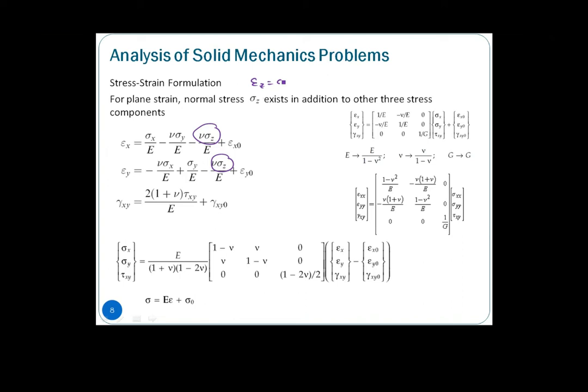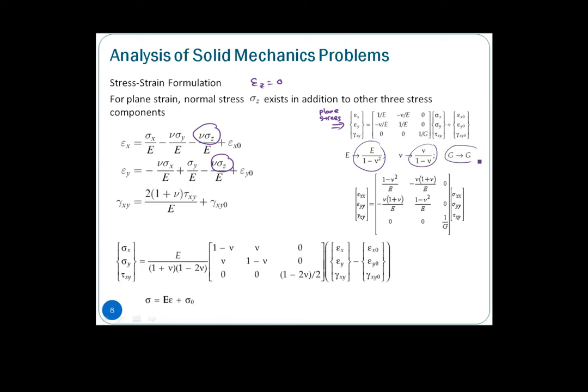So from what we have here, plane stress, that we have derived, now the E under plane strain is replaced by E over 1 minus v squared, and our nu, which is our Poisson ratio, is replaced by v over 1 minus v.